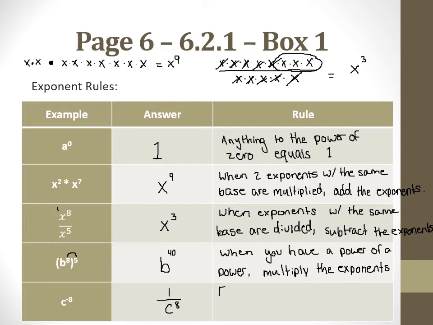So for a negative exponent, take the reciprocal, flip it to the other side of the fraction, and then make it positive.